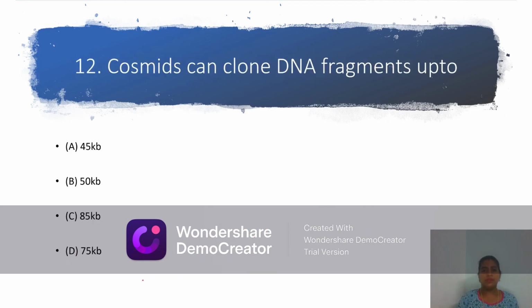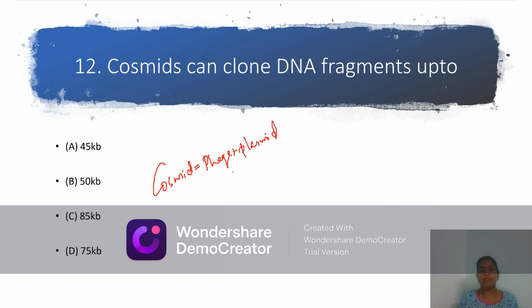Next one. Cosmids can clone DNA fragments up to, that is, what is the carrying capacity of cosmids? That's the question. They have given 45 kb, 50 kb, 85 kb, 75 kb. First of all you have to think: cosmid is equal to phage plus plasmid.